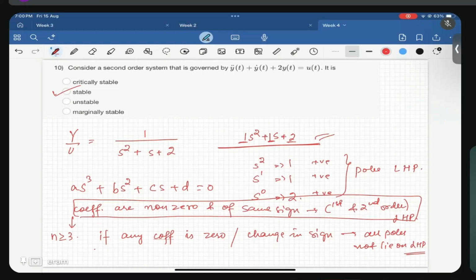At least we can say, if any coefficient is 0 or there is change in sign, then all poles are not lying on the LHP, right? Okay.